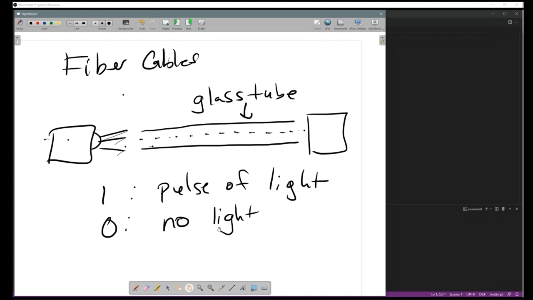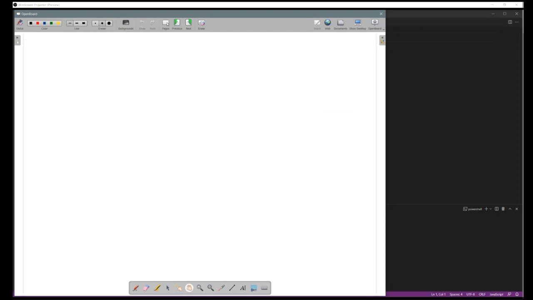But there are many problems that prevent us from getting to this theoretical limit. So the first problem is called attenuation loss, or also called smearing.